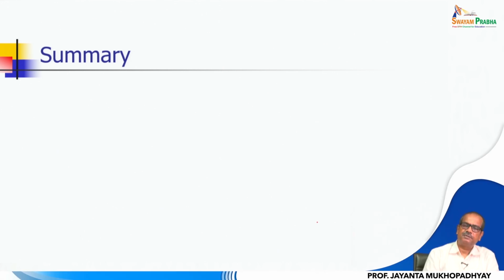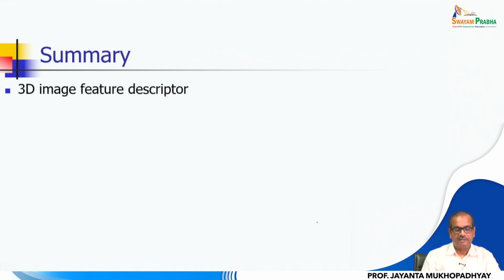So with this, let me come to the concluding part of this lecture and summarize what we discussed. We discussed 3D image feature descriptors, actually video feature descriptors, because video is a 3-dimensional entity, spatiotemporal data.